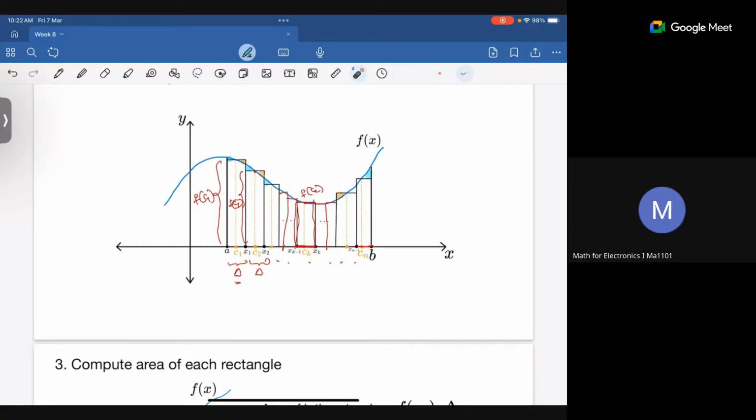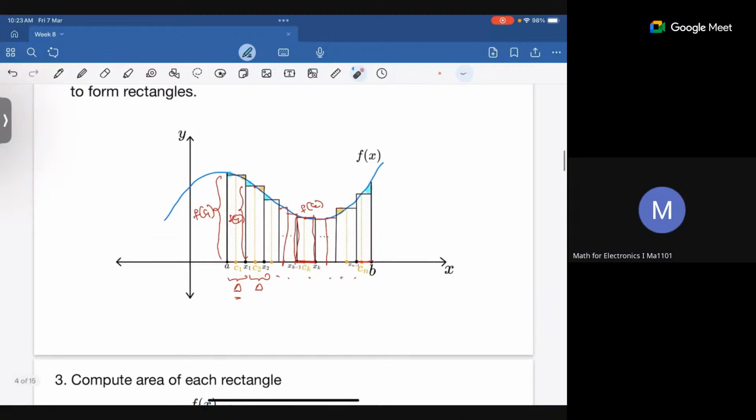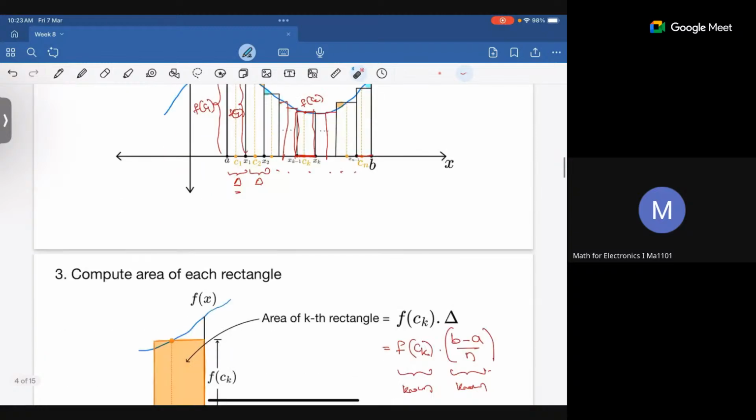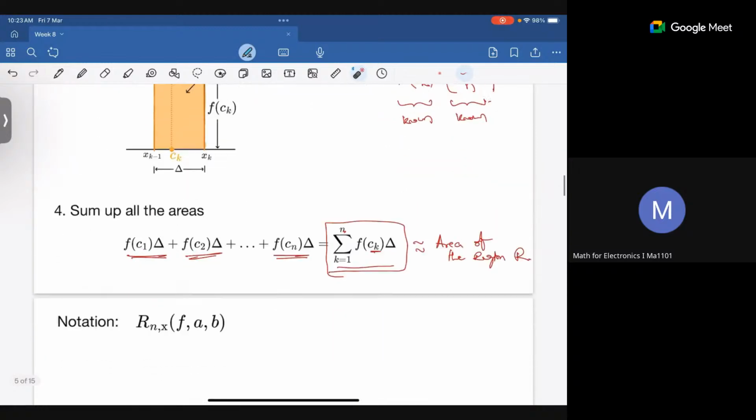So A plus delta, very small, and that I will form a very small rectangle. It will be almost like a straight line, right? So like this. And I will do the same for the next step. So I will choose infinitesimally small deltas, which will give me better and better approximation. That is what Riemann said.